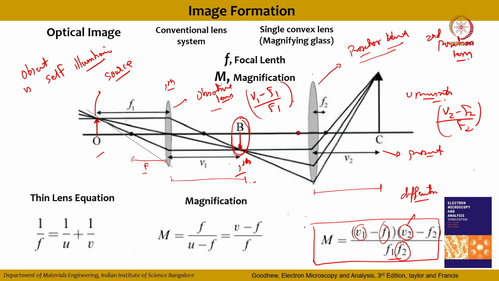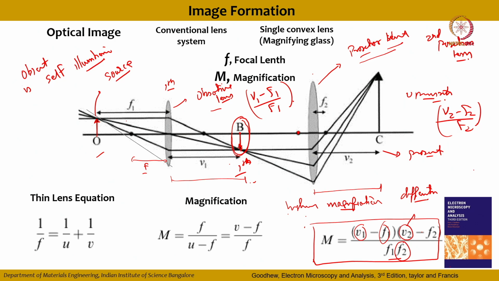That's why in light microscopes, usually you will change the lens when you want higher or lower magnification, because changing the distance of the image, or V2 or V1 or U1, is very difficult in an optical imaging system.